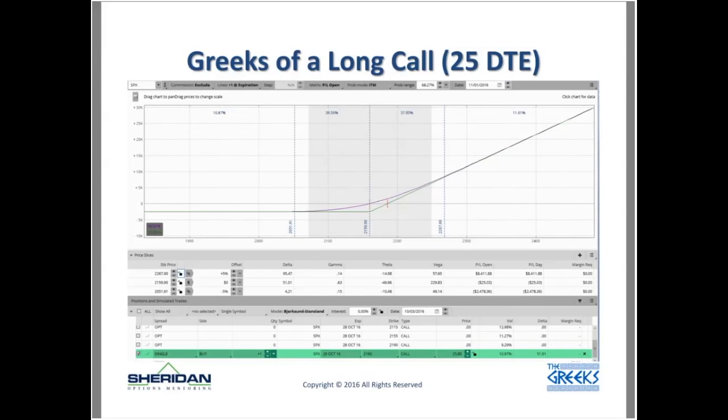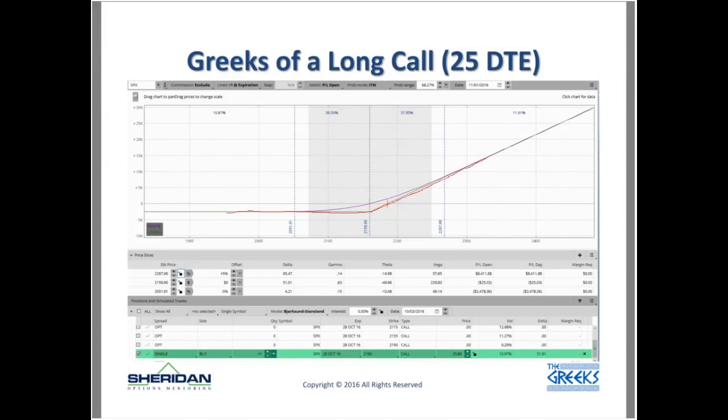If we take the Greeks of a long call, 25 days from expiration, here's a graph of a call 25 days from expiration. You can see the green area, right? That's the expiration graph, how things will look at expiration.